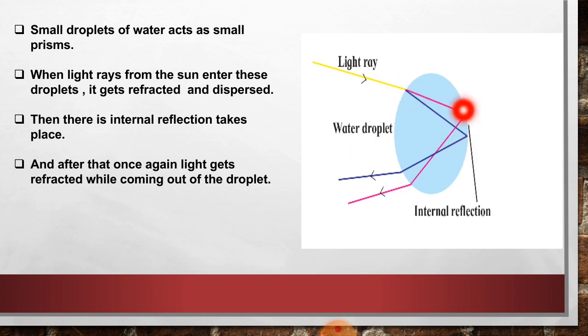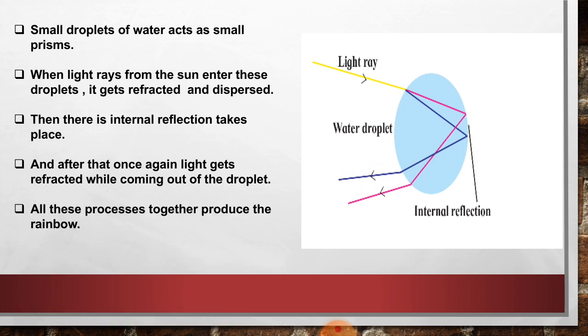Let's imagine this is a red color and this is a violet color. Here they get refracted, then internal reflection takes place, and after that they again get refracted while coming out of the droplet. So all these processes together produce a beautiful rainbow. These are the important processes to produce a rainbow.